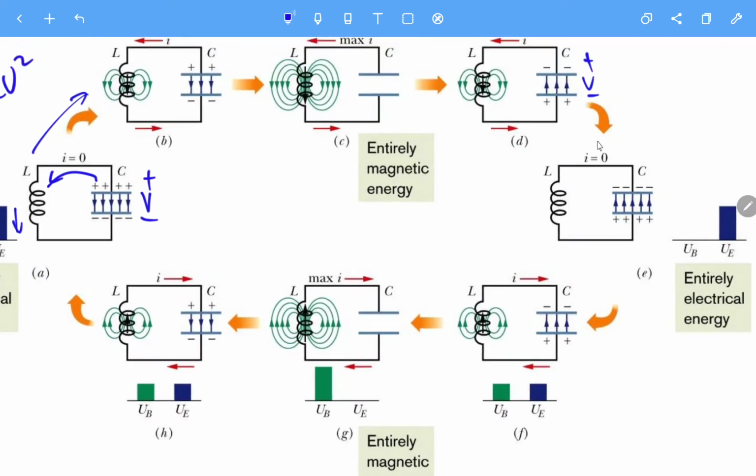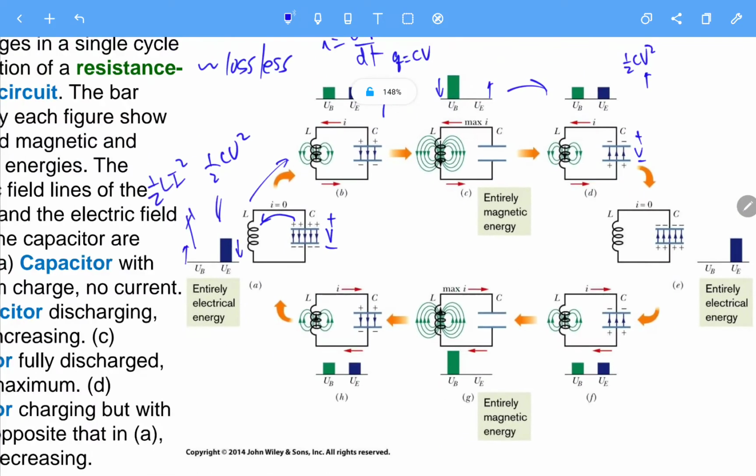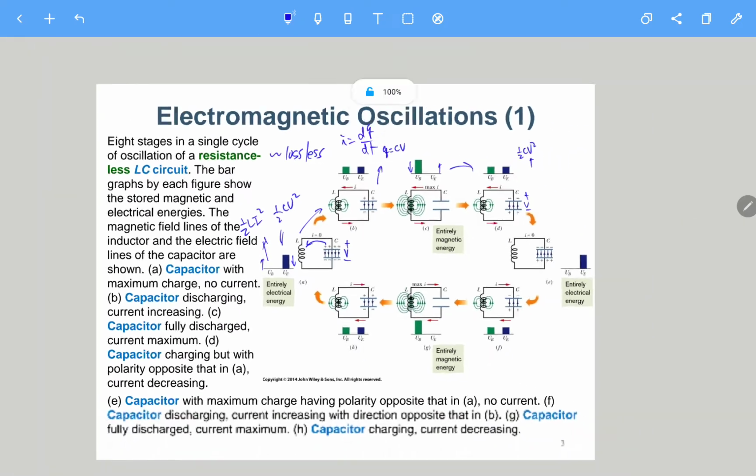You can imagine UB larger, then maximized, smaller, 0, then a positive value, and maximized again, and then going back. So it's just like an oscillation: the energy stored in the E field and B field are transferred to each other alternatively.